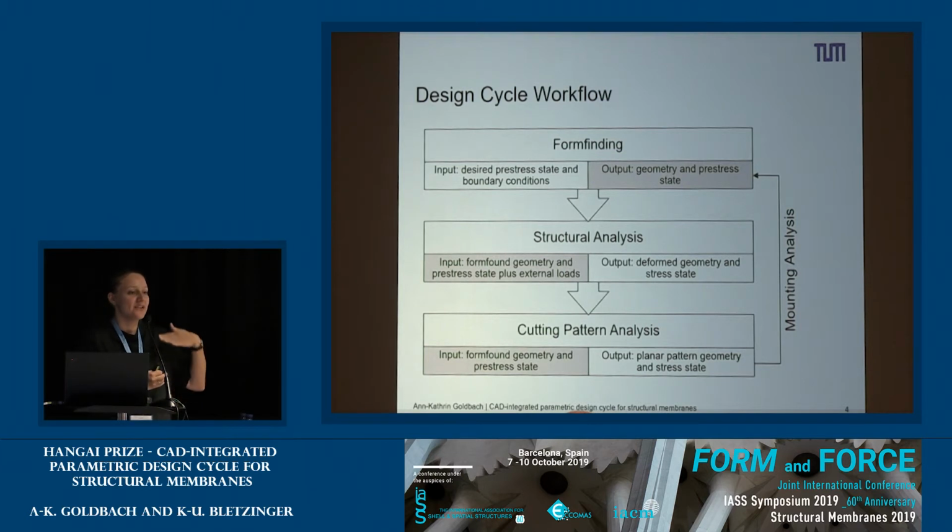Do I still have a continuous surface, or do I have kinks somewhere? Do I need to deal with this for structural analysis as well? So, as you see indicated by the arrow again, this might be my new input for structural analysis, and so the cycle continues until I'm fully satisfied.